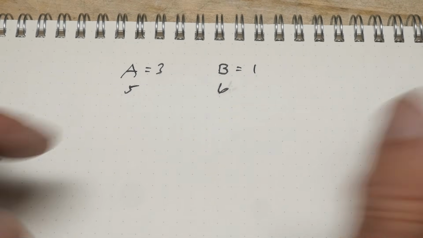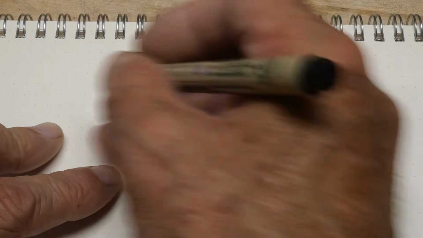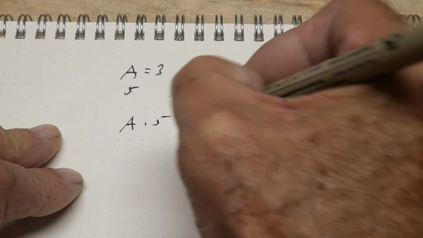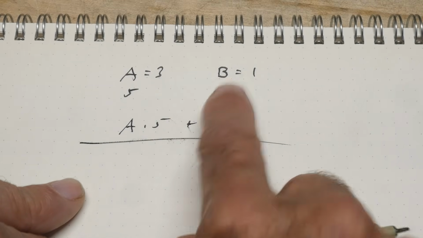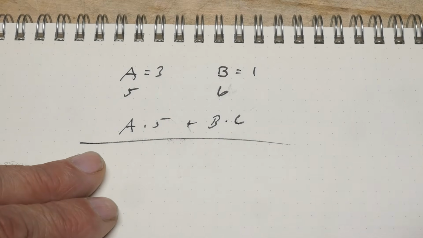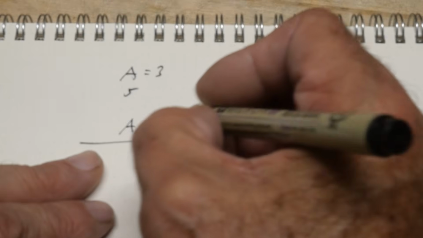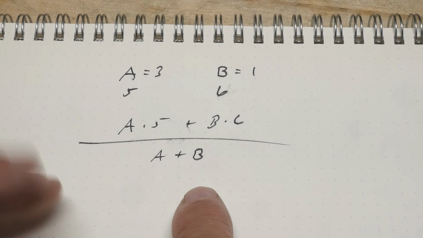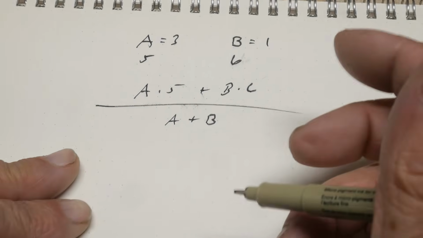When we did the math, the total number of pulses was a times 5 plus b times 6, which was 15 plus 6. And the number of outputs was a plus b, which is 4. So 21 over 4.